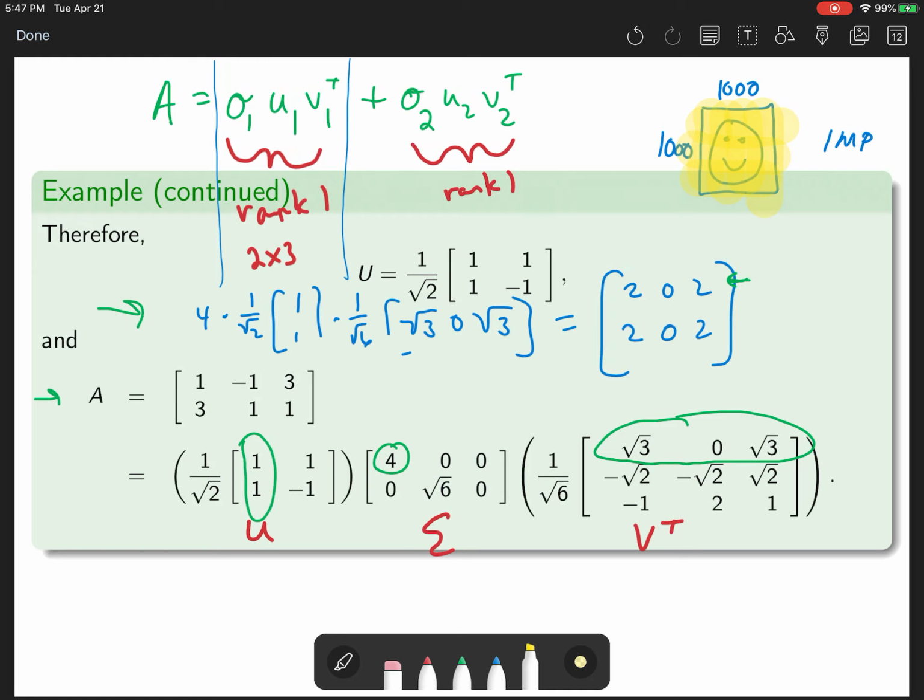So instead of keeping track of 1 million different values, maybe all we have to do is keep track of 30 column vectors, 30 row vectors, and 30 singular values.